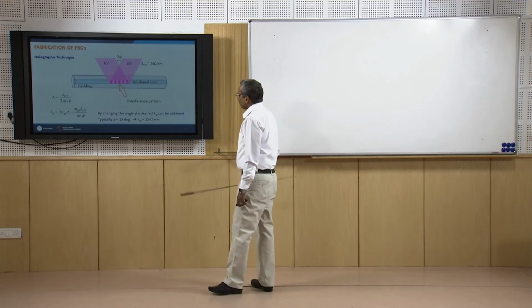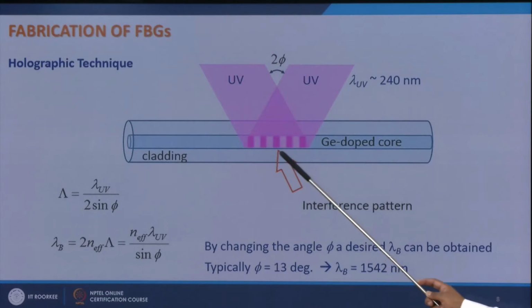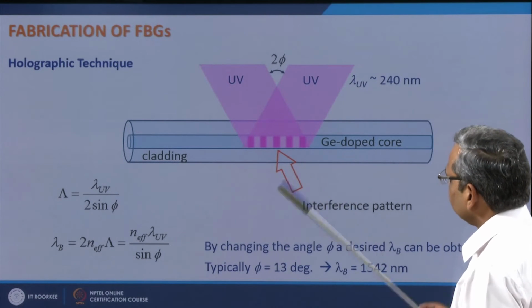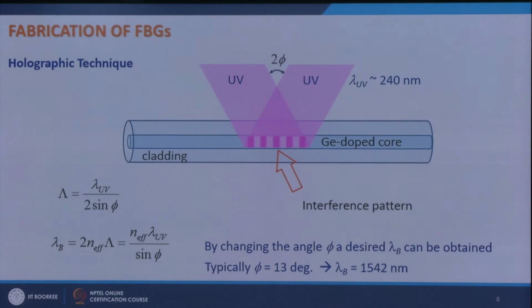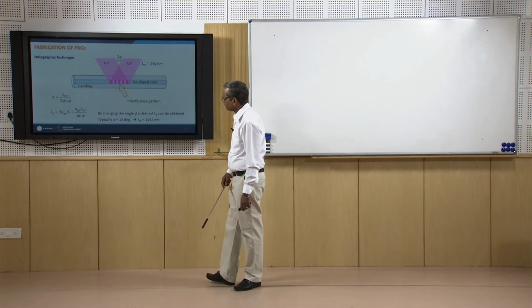So, if I have this interference pattern of UV beams in Ge doped core, then this interference pattern will get translated into the refractive index variation, and that is how I will have a grating inscribed in the fiber core.